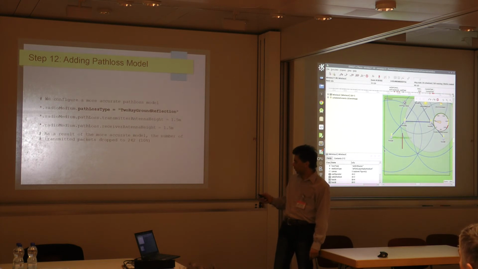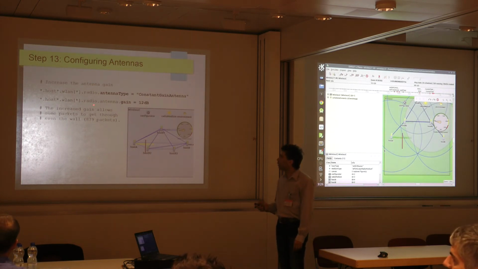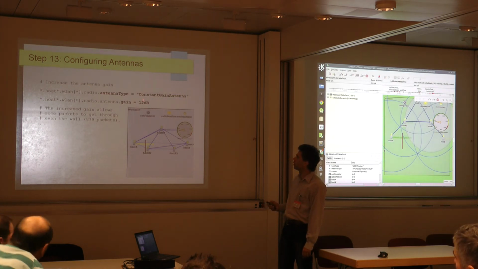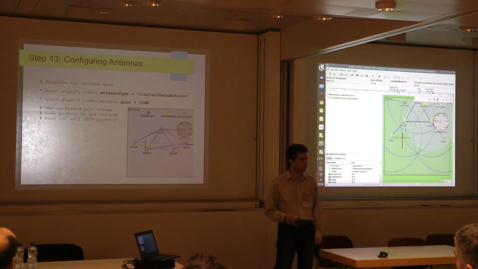Later we can add some additional detail, like the propagation computation could also be changed, which makes the model more accurate. And at the end, we could even add some antenna to the radio. It's a constant gain, but you can also set up directional antennas and things like that.